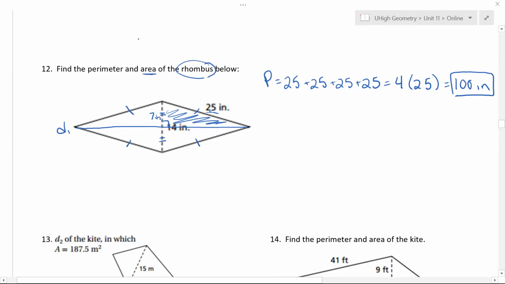What that means is now if I'm looking for the other diagonal, I need to find half the length of my other diagonal using this right triangle.